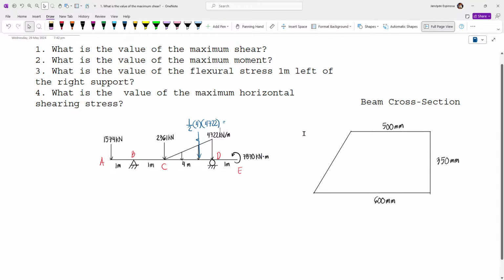So how much is that? Times 4, that's 9444 kN. And then its moment arm, measured from the height, is 1/3 of 4, that is the distance.